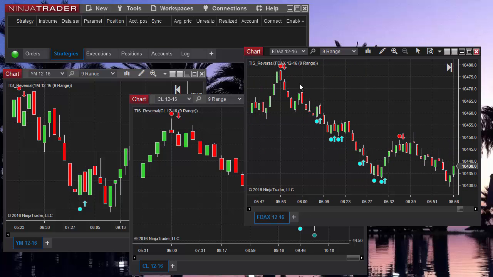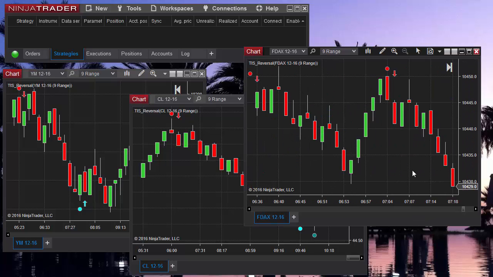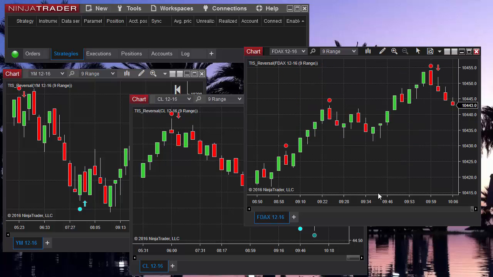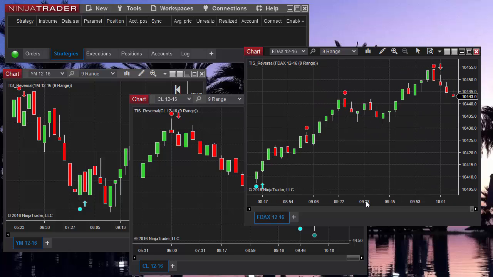For example, in this example we have several long signals against the trend. So we can add filtering to the signals, and then we can decide whether to use the reversal dot or the RVO arrow.